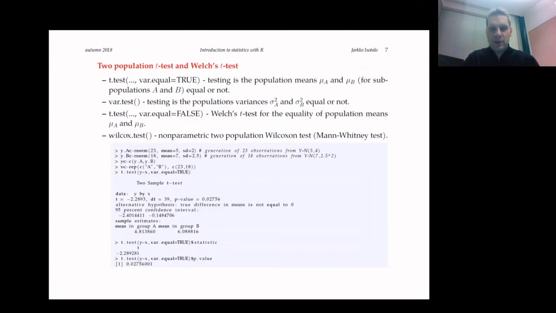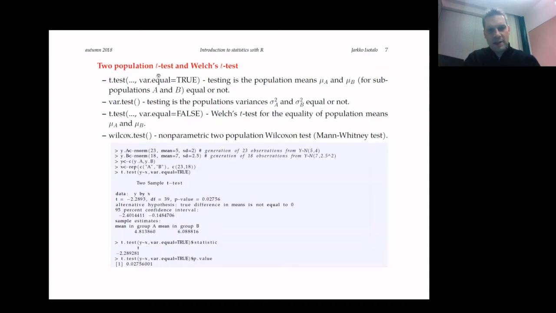So this is a situation where we have, let's just say, some numerical random variable y, and then there's, for example, some variable x which divides the whole population into two parts, so that we have two populations called A and B. In that case we want to test whether the population means in these two populations are equal or not. And that's really the classical two-population t-test situation.